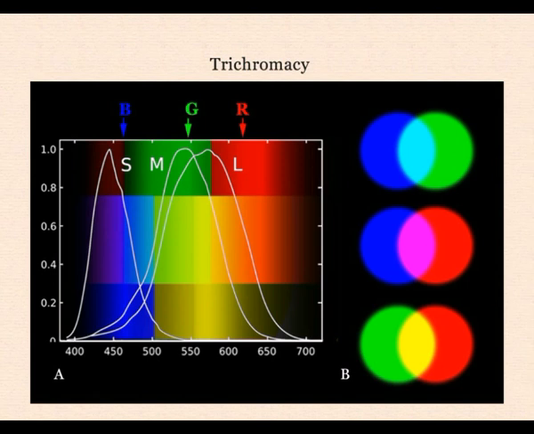Red and blue lights unsurprisingly yield mixtures passing through magenta, red-blue, and green and blue lights unsurprisingly yield mixtures passing through cyan, green-blue. But, to the perennial astonishment of students, red and green light mixtures pass through an apparently new colour, yellow, that is neither reddish nor greenish.